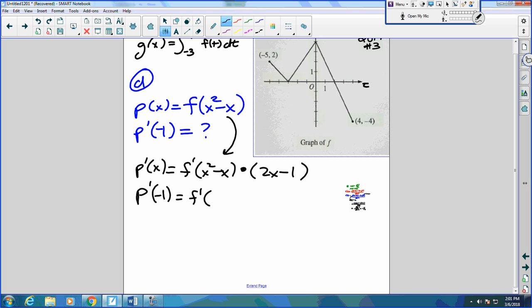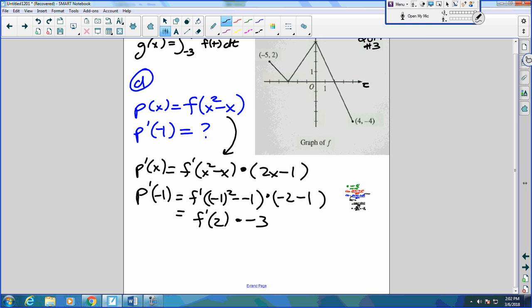F prime of, guys, be careful, -1 squared minus a -1 is 2 times -1 is -2, minus 1 equals... F prime of 2 times -3 when you're done. All right.